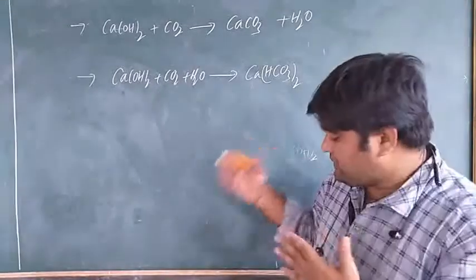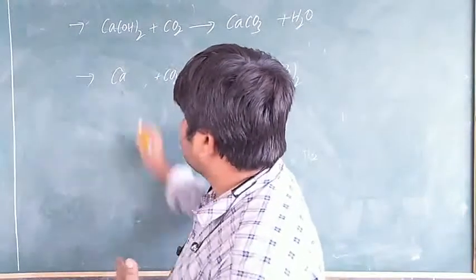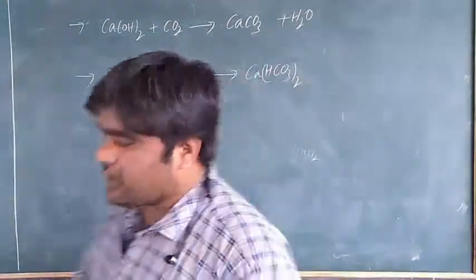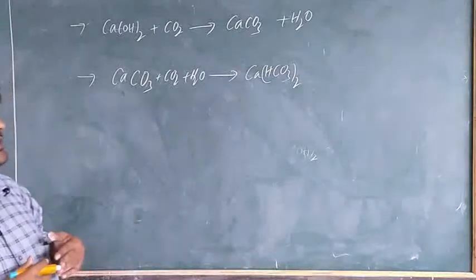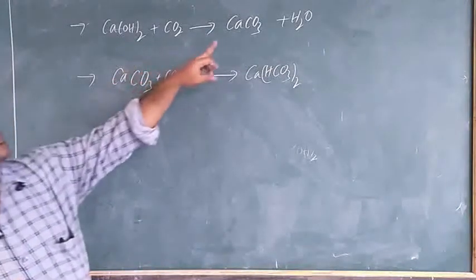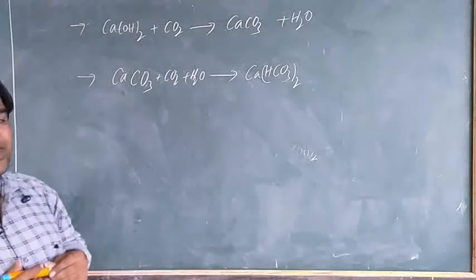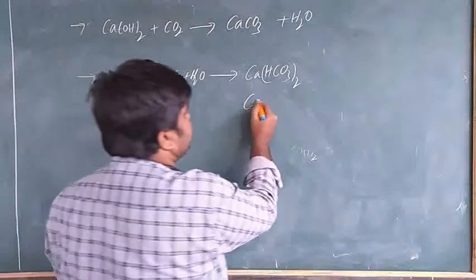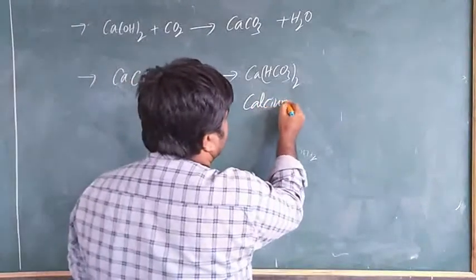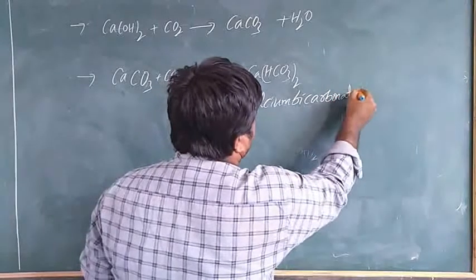Excess carbon dioxide passed through calcium carbonate forms calcium bicarbonate. This name is calcium bicarbonate.